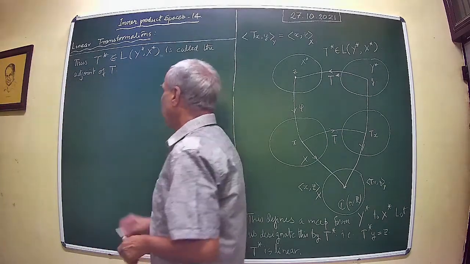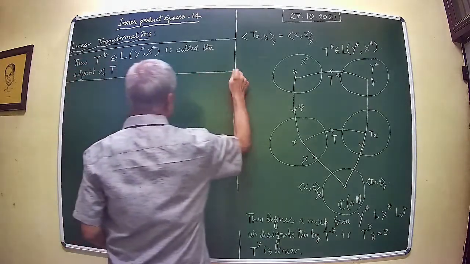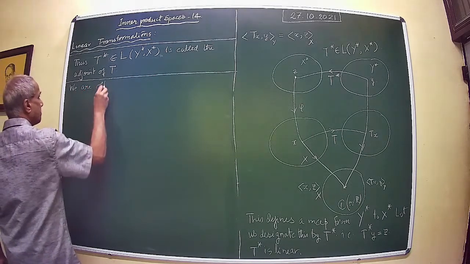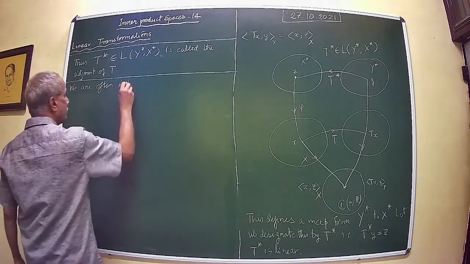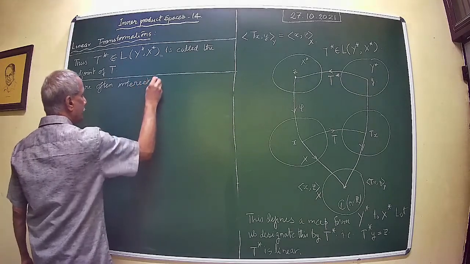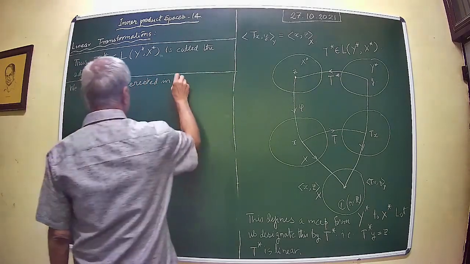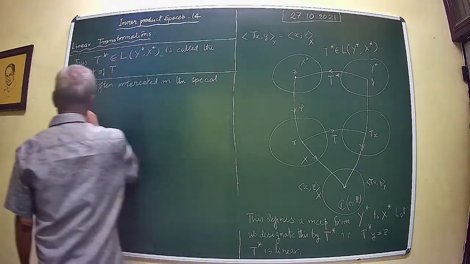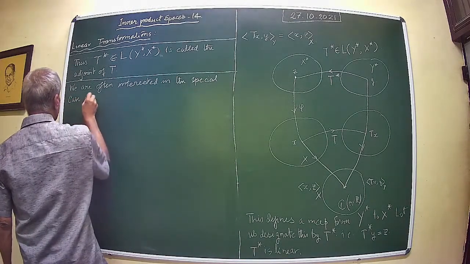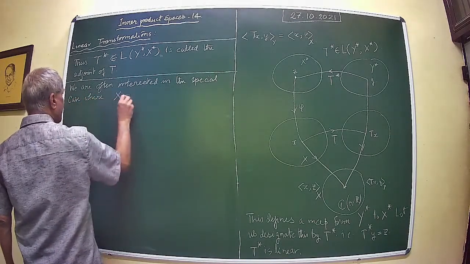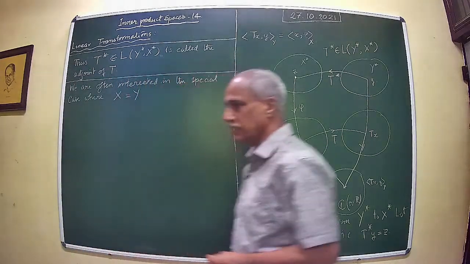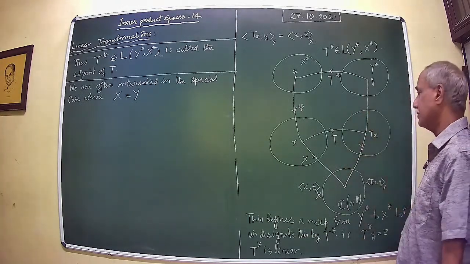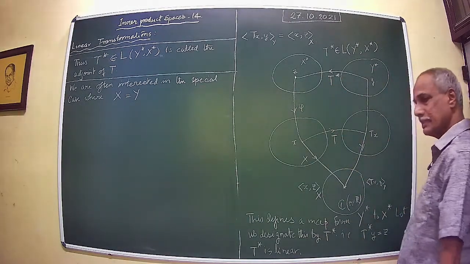Okay? And we are especially interested in this. That means we are interested in what you call operators. Okay, so it is from X to X, and then it becomes from X star to X star.